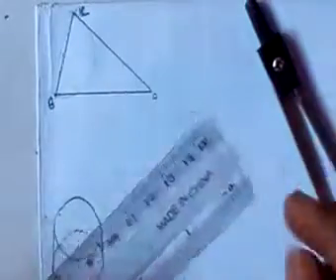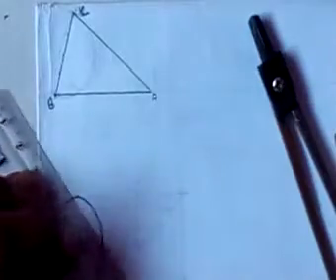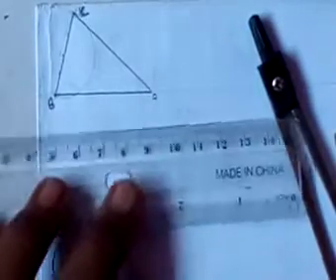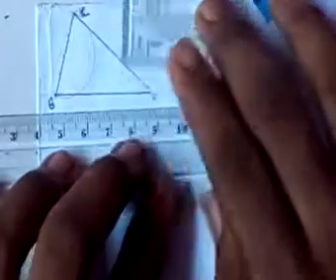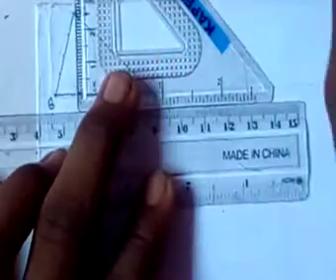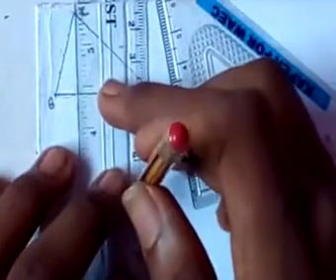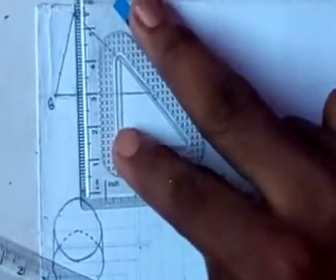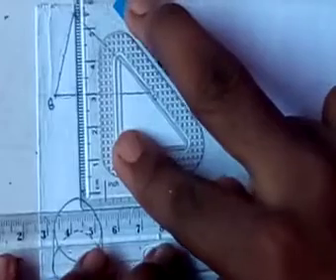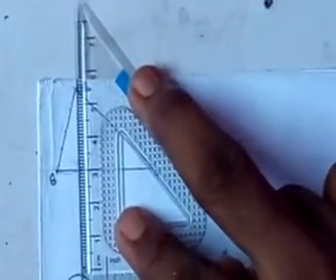Now from these equal parts, I will project lines to the plan. I need a vertical line, and I will draw lines parallel to it for the remaining plan lines.